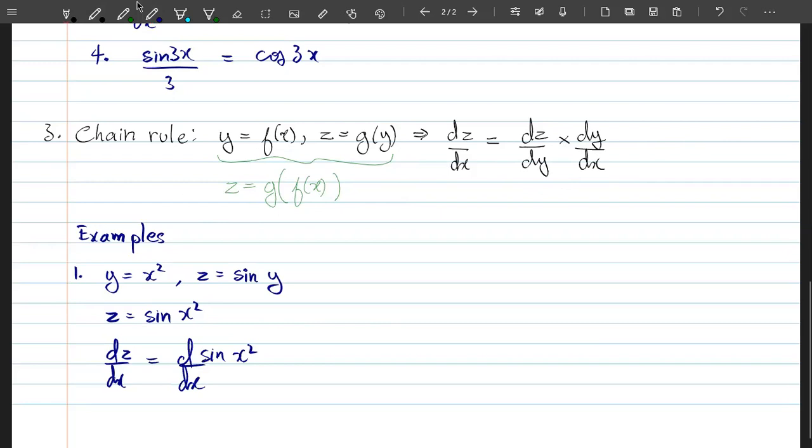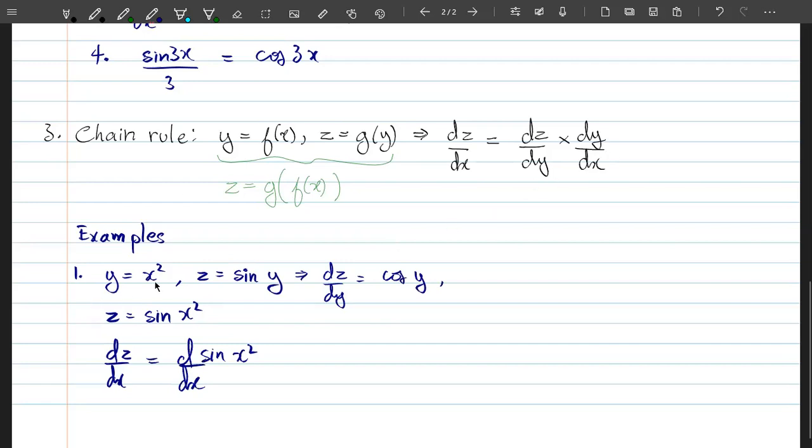Now let's see what this says in this example. You have y equal to x square and z equal to sine y. So z equal to sine of x square. Now, according to this, you should first differentiate z with respect to y. So that gives you dz upon dy is cos y. And you should differentiate y with respect to x.